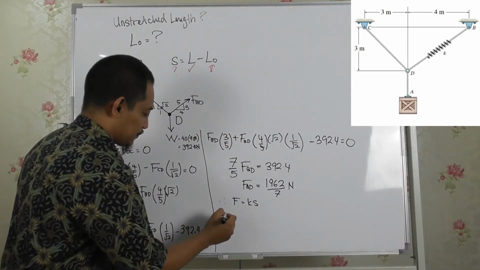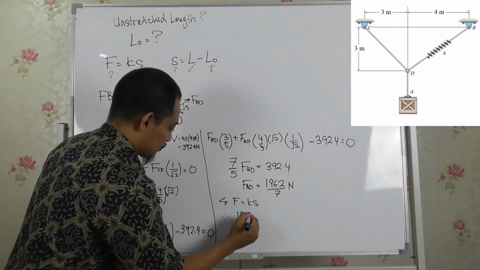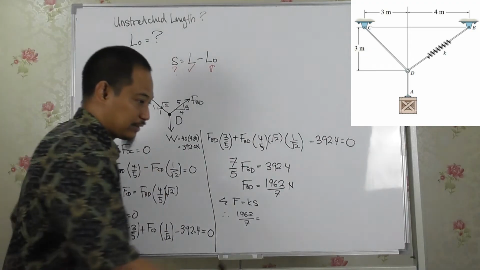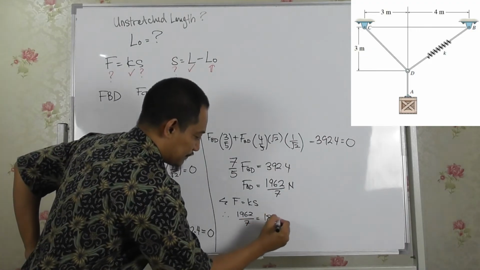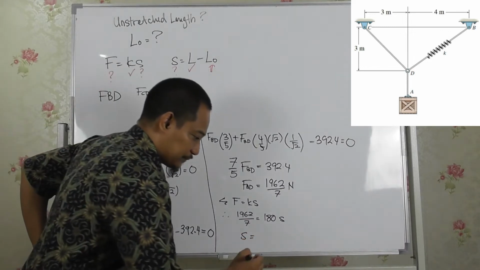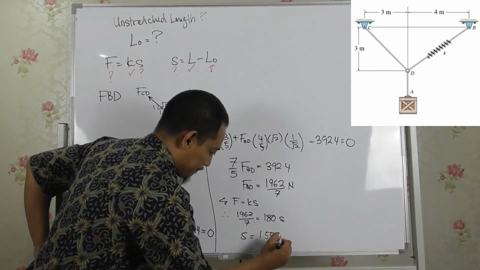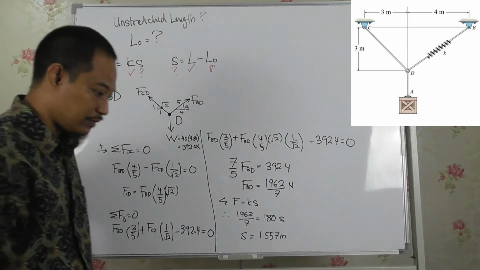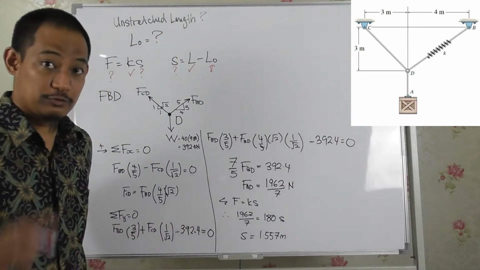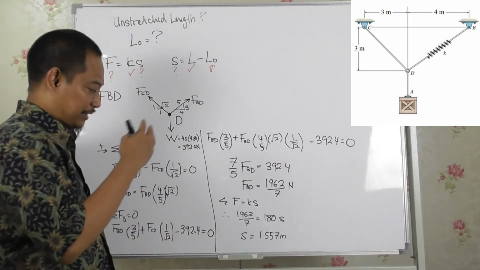So FBD is 1962 over 7 equal to K, which is given in the question just now, 180, times S. So here S equal to, you can calculate to be 1.557 meter. Do verify all these numbers, do calculate and verify in case I make some mistakes.